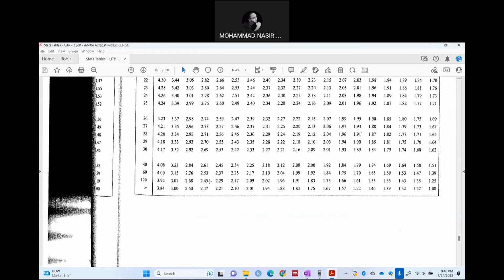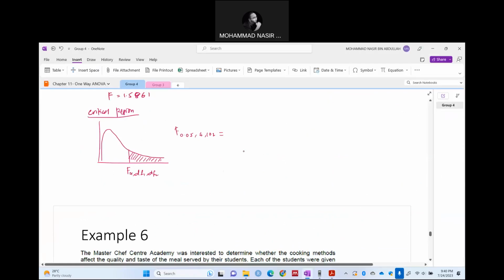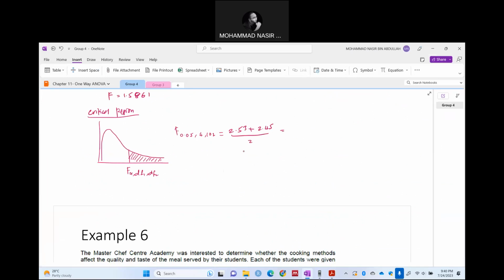We don't have 102 here. Can we take 2.53 plus 2.45 divided by 2? So this should be equal to 2.49.